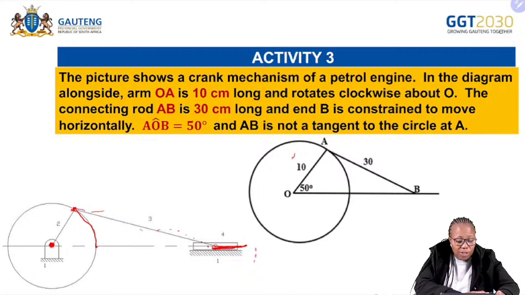Now, relating this to our mathematics, we have an OA which is 10 centimeters long, and if this point rotates clockwise about O, the connecting rod which is AB, moving up and down, is 30 centimeters, and this is also 10 centimeters there, and an end B is constrained to move horizontally.